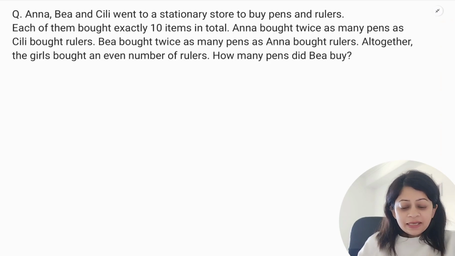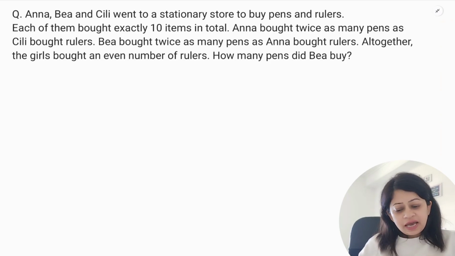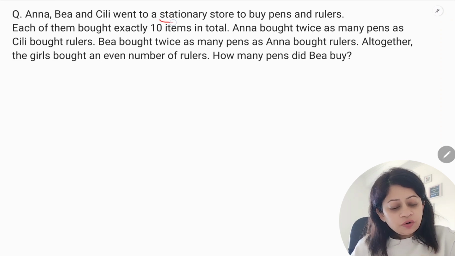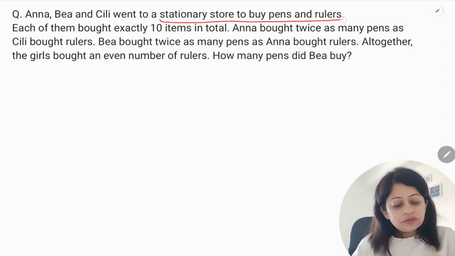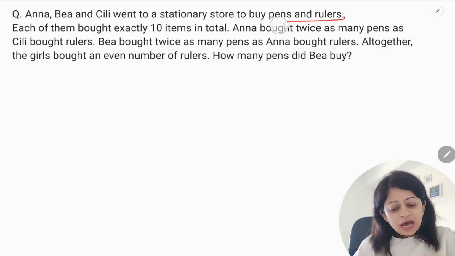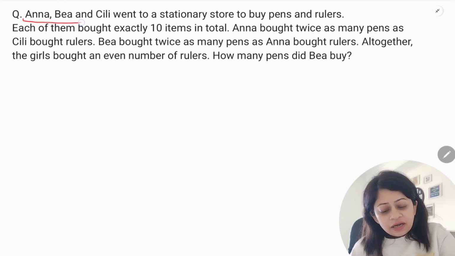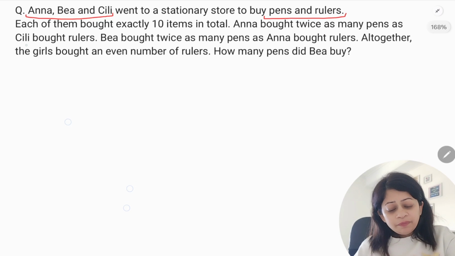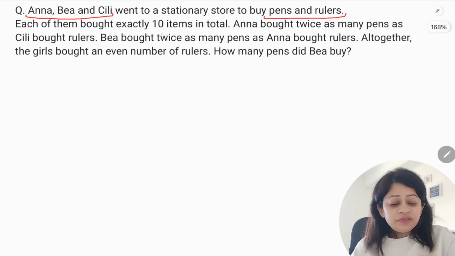Okay? They say there are three girls, Anna, Bia, and Silly. They went to a stationery store to buy pens and rulers. So we have three girls here, and then they are buying two things, right? They say each of them bought exactly 10 items in total.